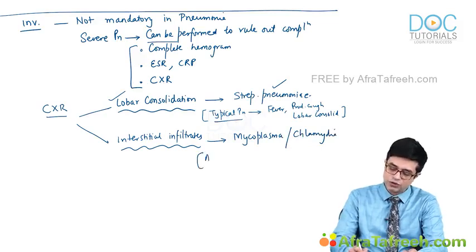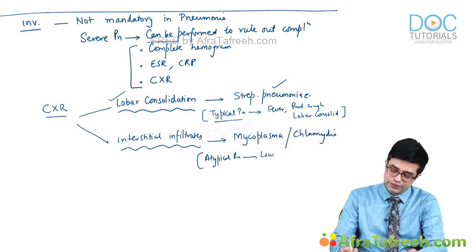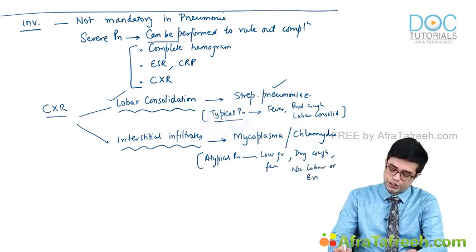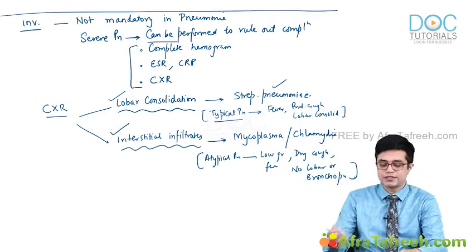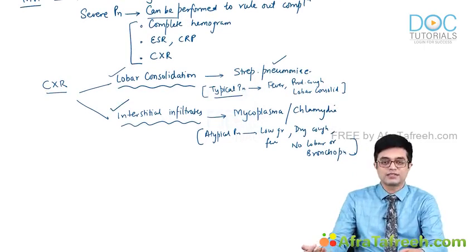They will tend to produce an atypical pneumonia which will have low-grade fever, dry cough, and there will be no lobar consolidation or bronchopneumonia. So these are the two types of patterns which can be seen in chest X-ray.